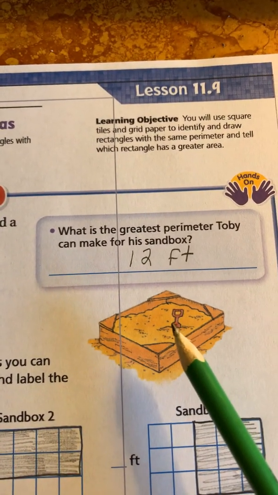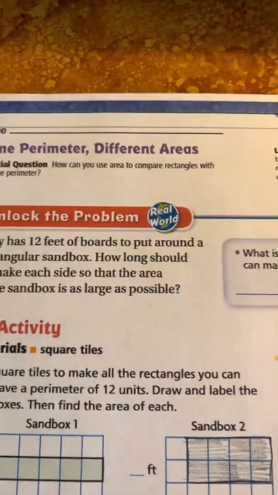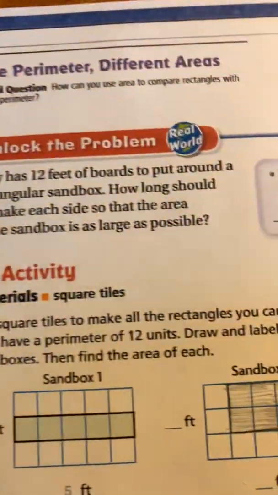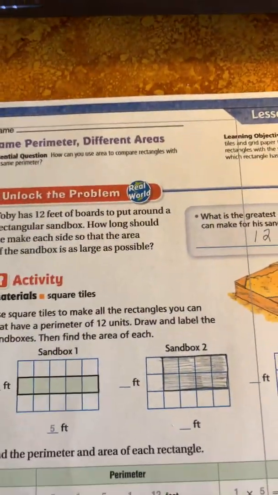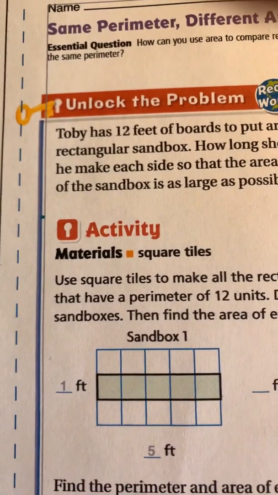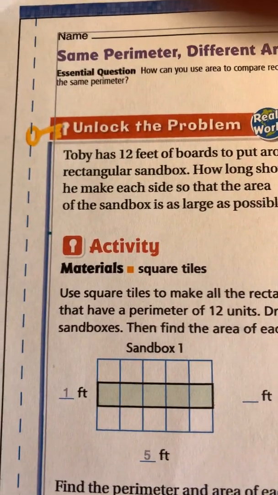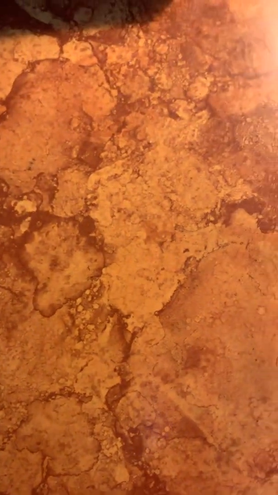Okay, so let's find out how we can do this. We are going to use some square tiles to make all 3 rectangles that are going to have a perimeter of 12 units.